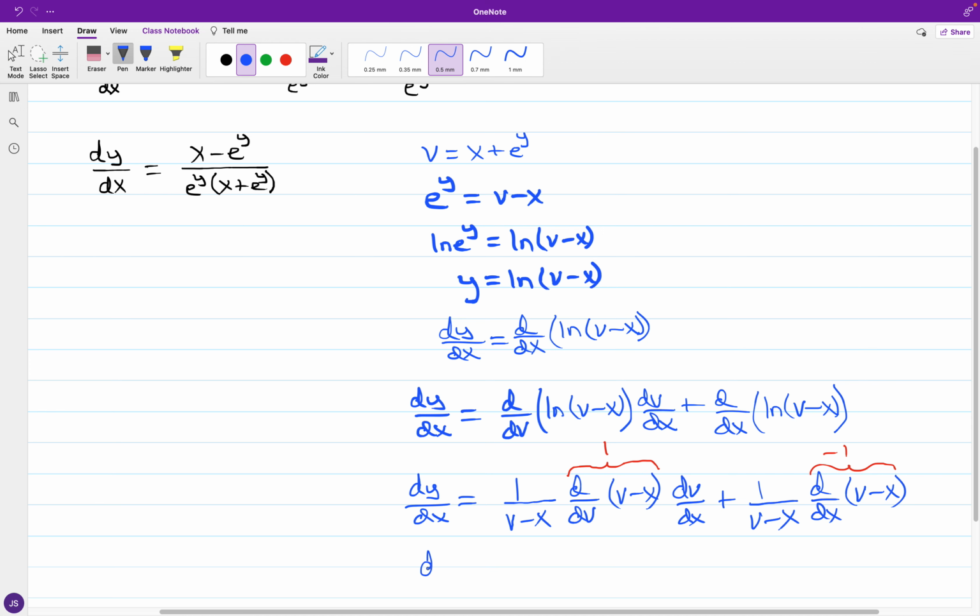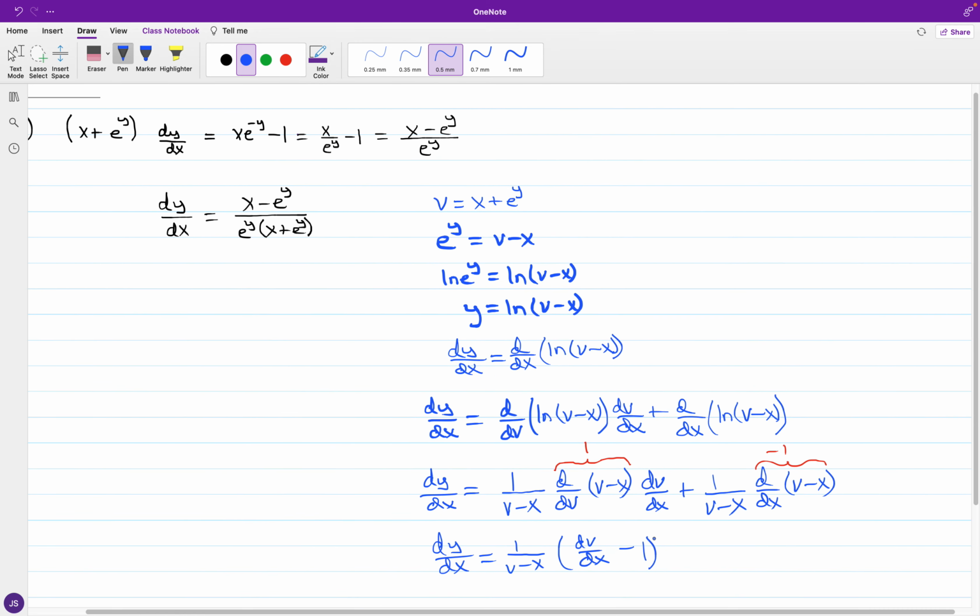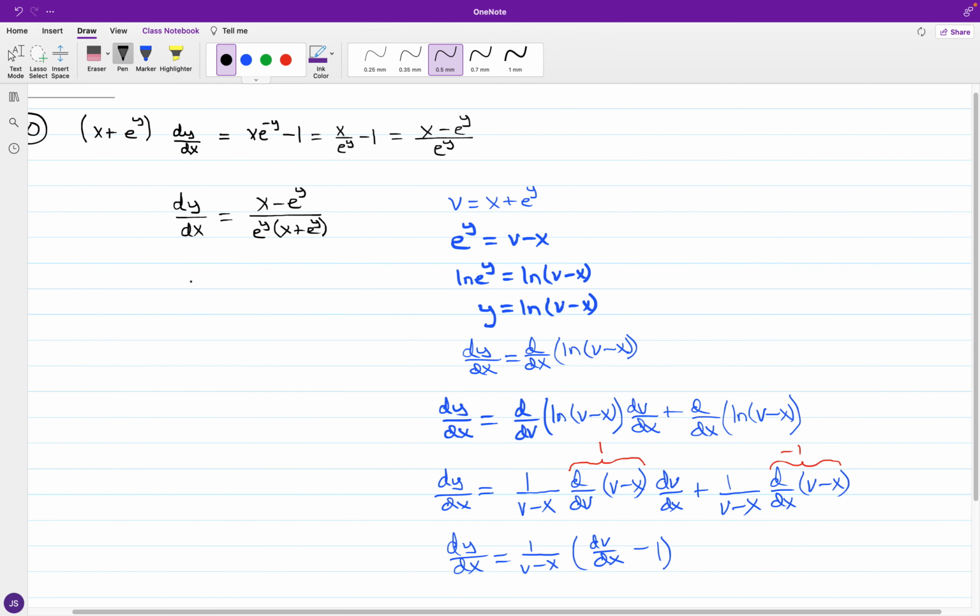If I write this in factored form, I have dy over dx, and I'm going to factor out the reciprocal of v minus x. So I have dv over dx followed by -1.